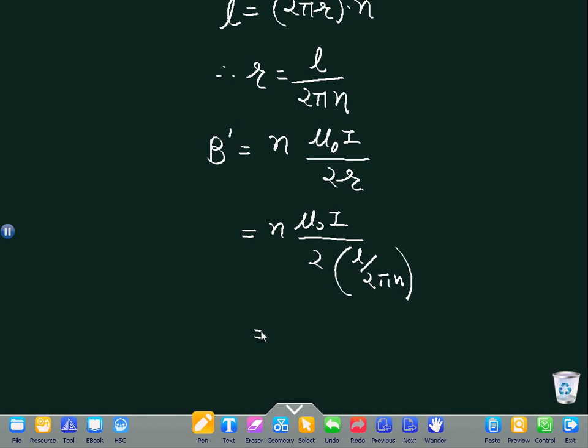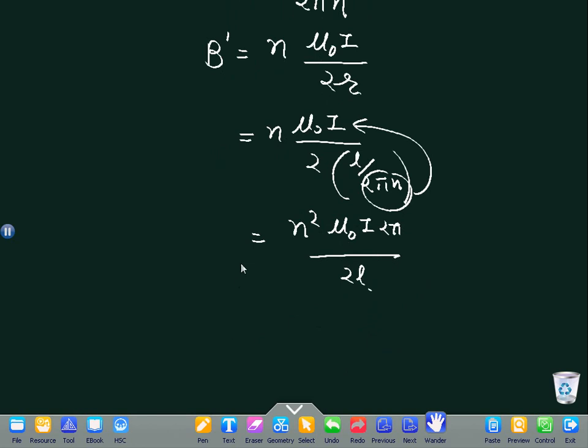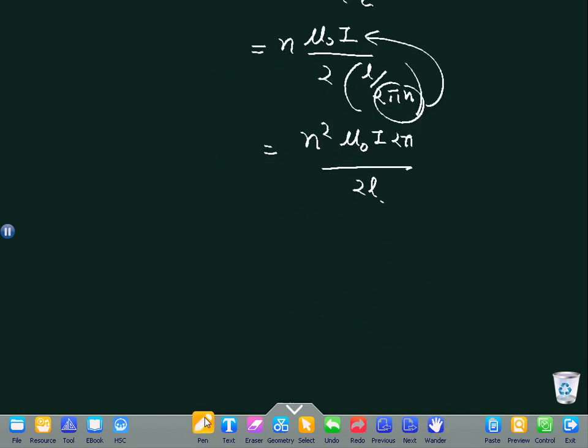Therefore the denominator's denominator moves to the numerator, and it is n square mu naught I 2 pi upon 2L. Here n square mu naught I upon 2, this is L upon 2 pi.